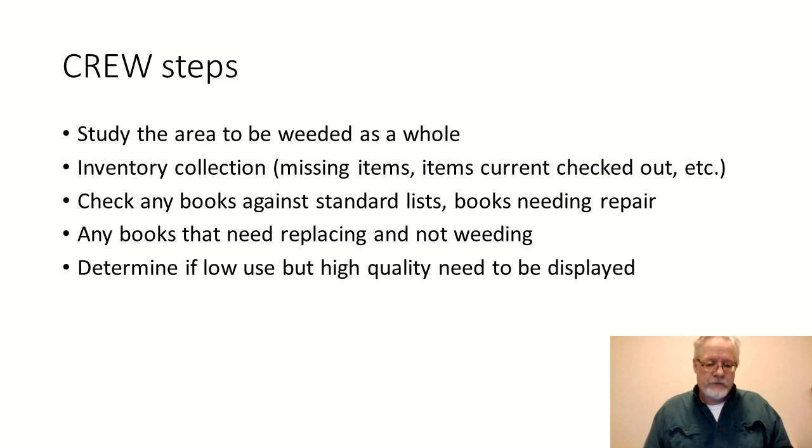Now, the first thing you should do is look at the entire collection to be weeded as a whole. In other words, look at the whole area first, examine and assess a whole area. Do an inventory at the same time. Look for materials on the shelf that say they're checked out.